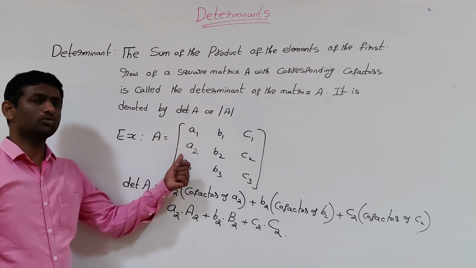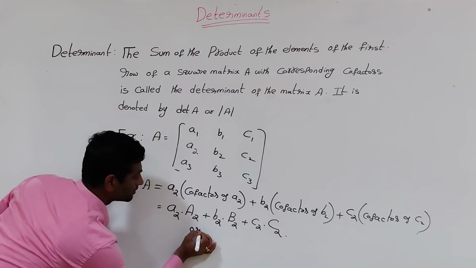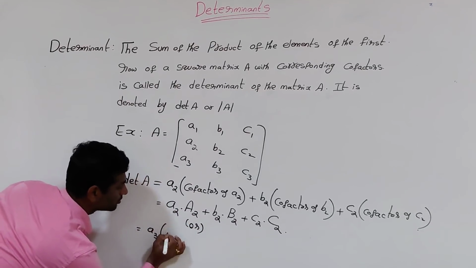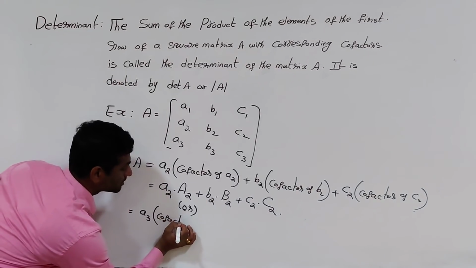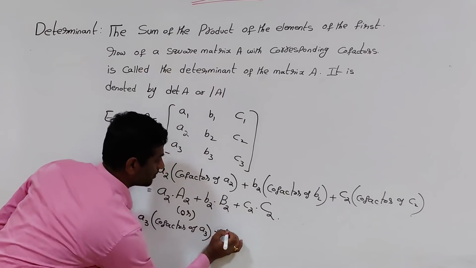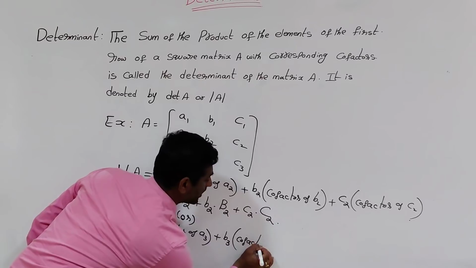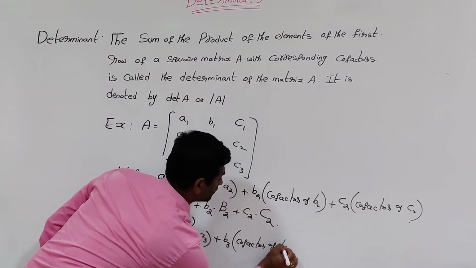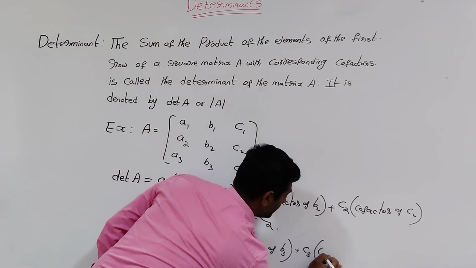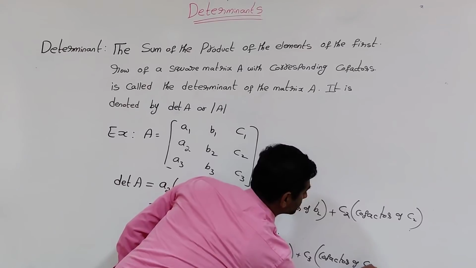Not only with the second row, we can find it with the third row also. That is A3 into cofactor of A3 plus B3 into cofactor of B3 plus C3 into cofactor of C3.